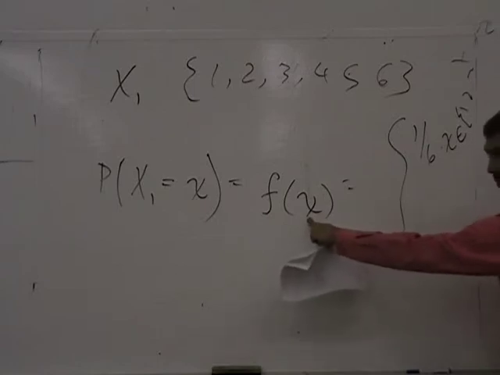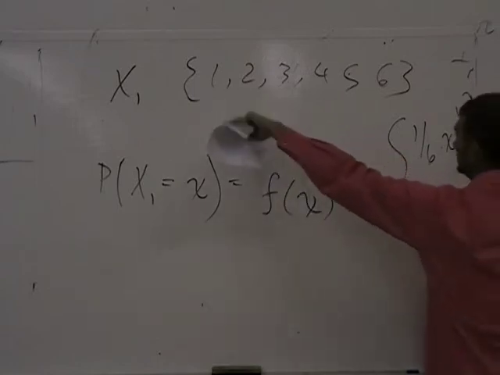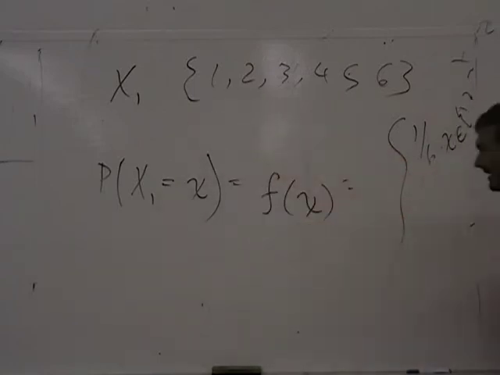If x is 1, the probability is 1/6. If x is 47, the probability is 0, because it can't happen with a die.